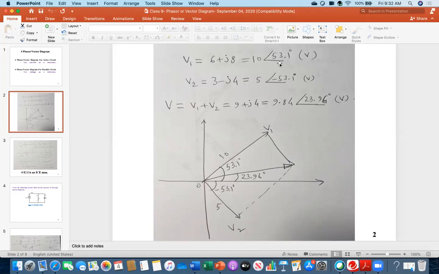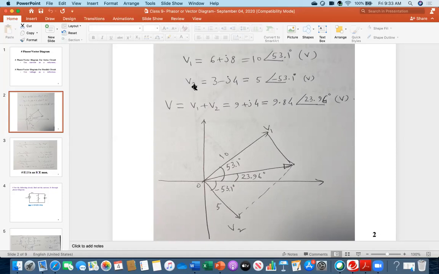Look at the first vector, V1, of magnitude 10 at an angle of 53.1 degrees. Because the angle is positive, I have to go anti-clockwise. This is my zero coordinate, and this was the x-axis. From here, anti-clockwise, go 53.1 degrees, and the magnitude is 10. So this is my V1 vector.